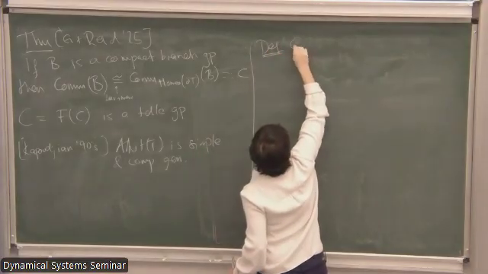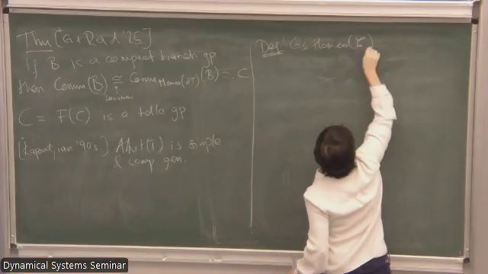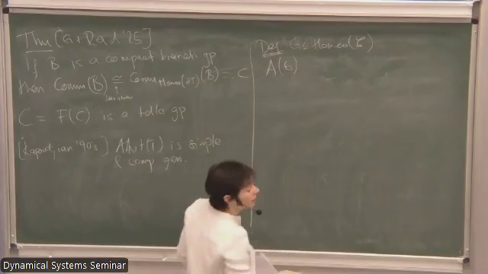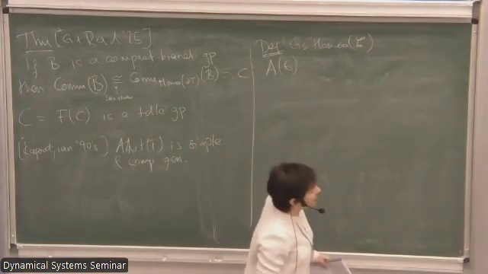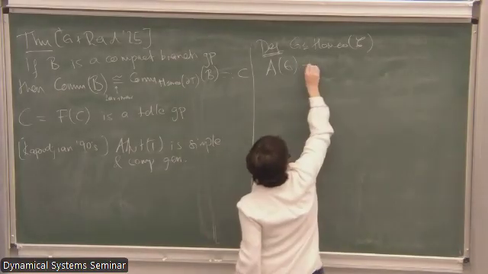Definition. If G is acting by homeomorphisms on the Cantor space C, then the alternating full group of G, well, I'll just write it out.